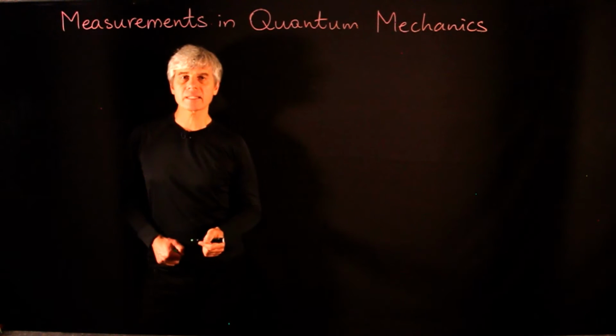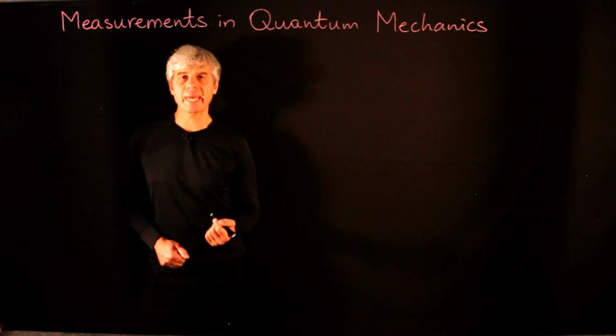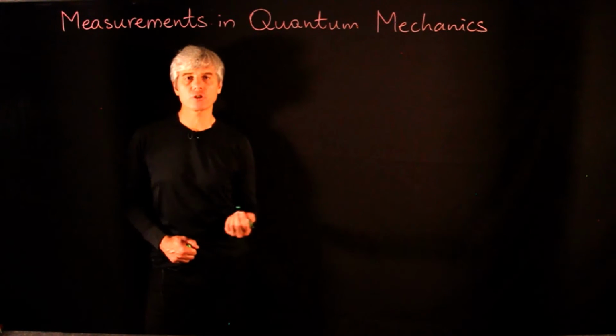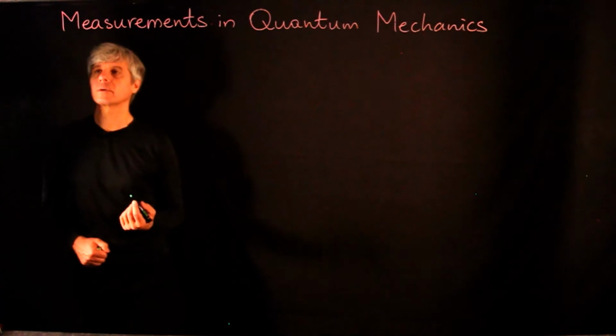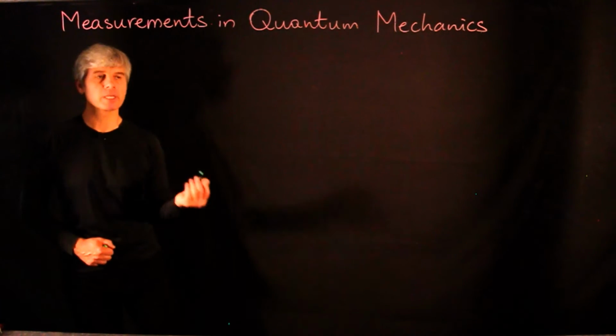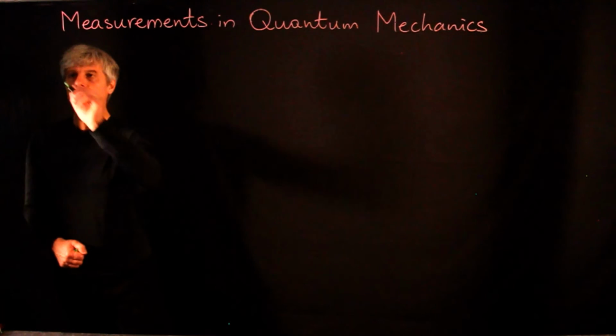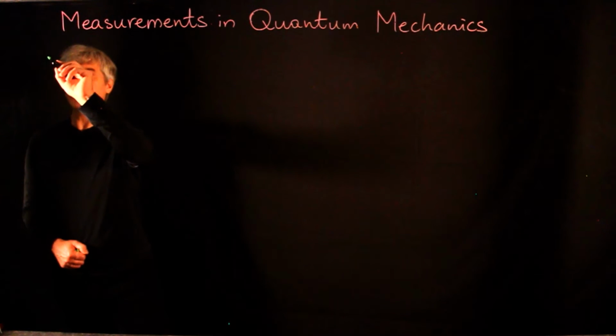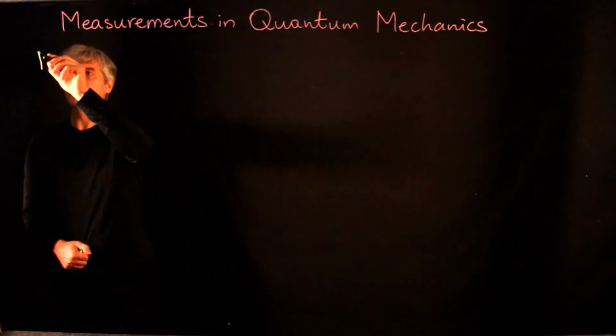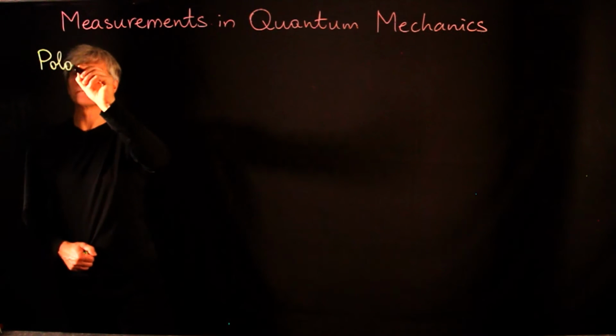Now, let us discuss measurements in quantum mechanics. How do we measure properties of quantum mechanical systems? And so how do we run physical experiments? Now, let us look at polarization of a photon.